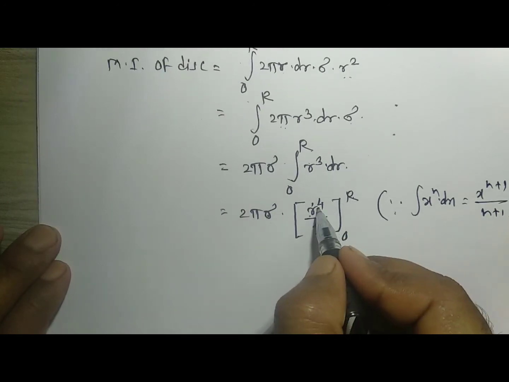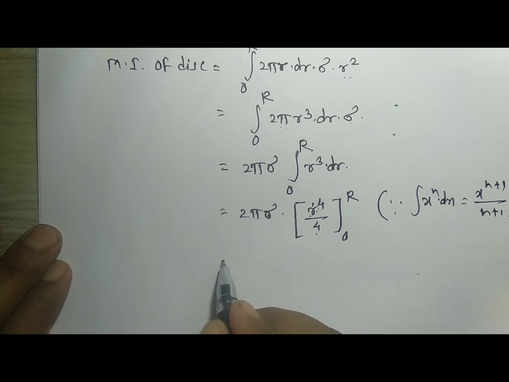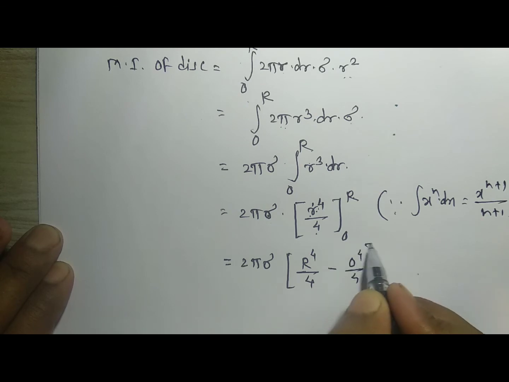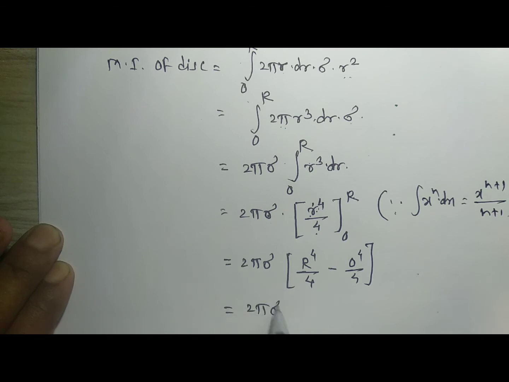Now putting the upper limit and lower limit and taking the subtraction, you will get 2 pi sigma inside the bracket capital R raised to 4 divided by 4 minus 0 raised to 4 divided by 4. 0 raised to 4 divided by 4 is nothing but 0, and therefore you will get 2 pi sigma R raised to 4 divided by 4. Now we cancel out this 2 and 4, and you will get pi sigma into R raised to 4 divided by 2.